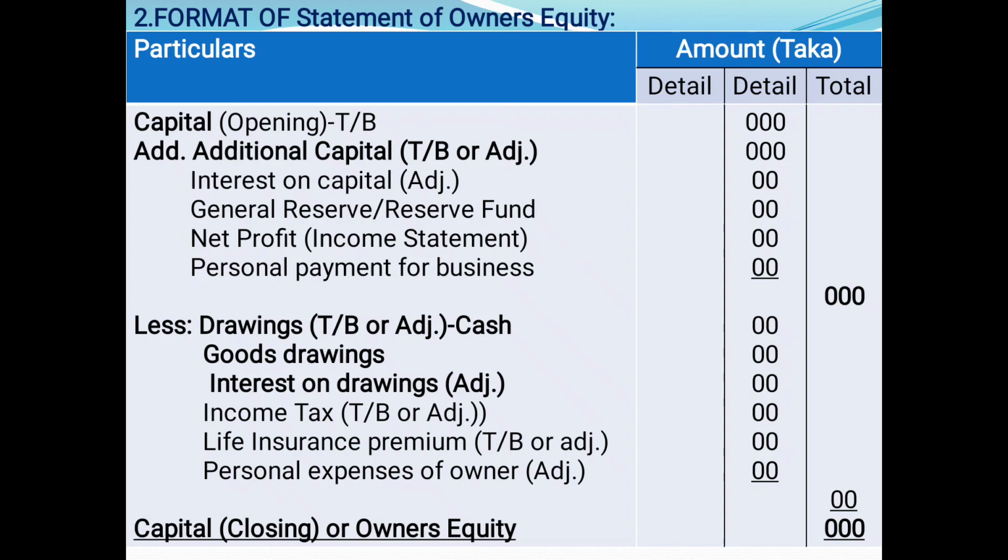Life insurance premium, trial balance or adjustment. Personal expense of owner from adjustment. Total deducting items are to be deducted from the total capital. Then we can get closing capital or owner's equity.